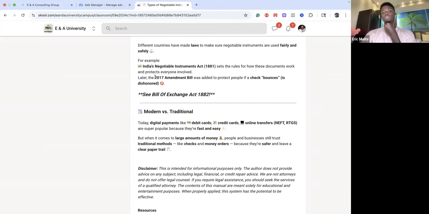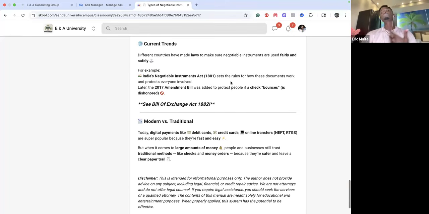And so with India, later in 2017, they amended the bill to protect people if a check bounces, right? Which is if it's dishonored. So if a check bounces, they added a protection. And so these changes happen in real time, and we have to keep up with it. And this is why I'm covering a little bit of history, because we're trying to jump into something we know nothing about.